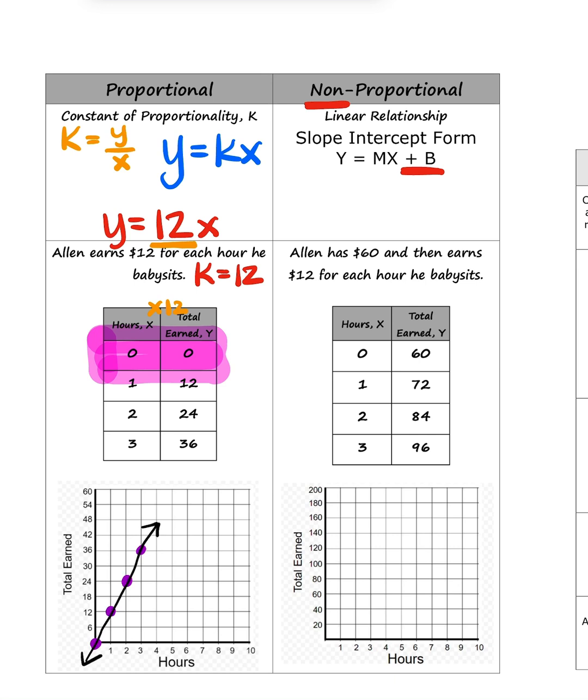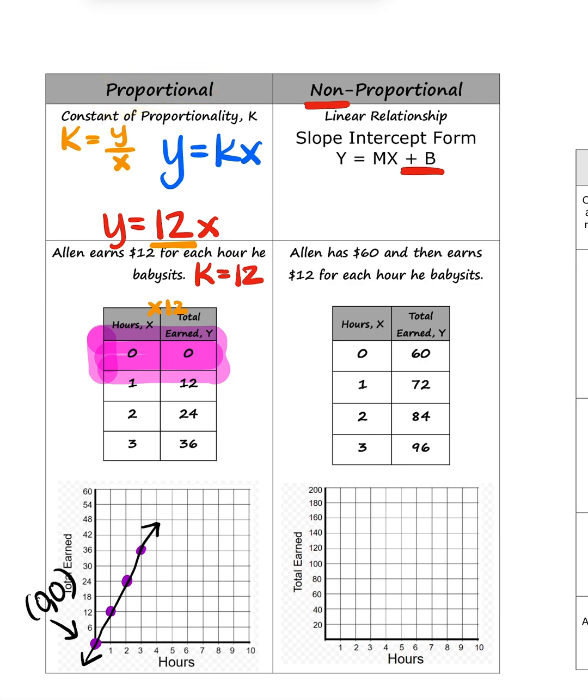If it goes through 0, 0, you know the graph is proportional. So what makes something proportional? Your equation is just the multiplying piece, or your table goes through 0, 0, or your graph goes through 0, 0. All of these make a proportional relationship.